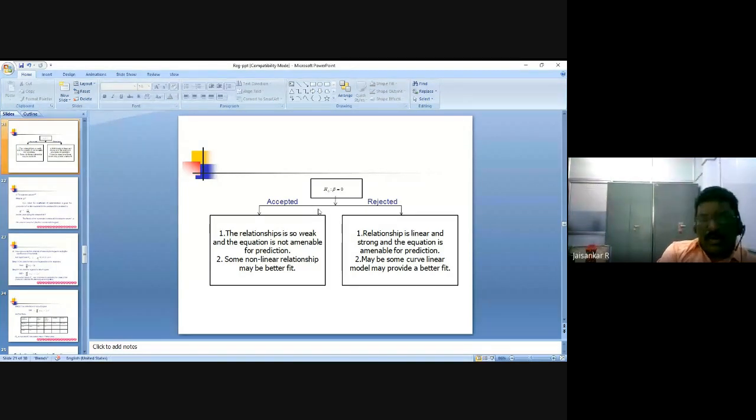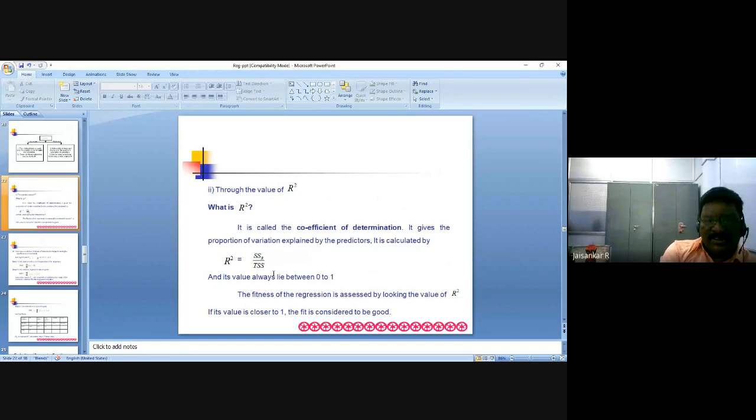Therefore, no harm in it. If it is very low, like 23%, the r square value, the coefficient of determination, is very small. It means more variables have to be probed to explain the variance of y.